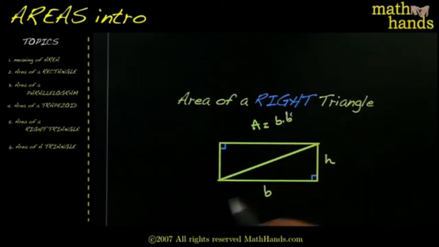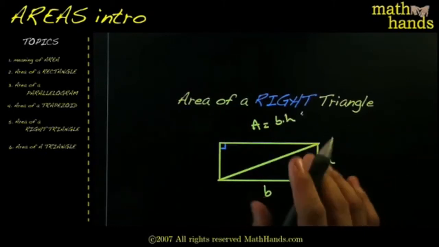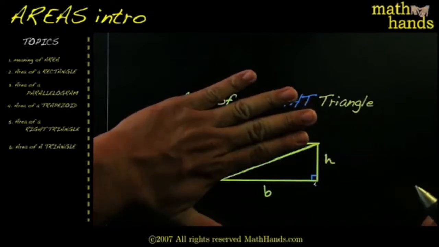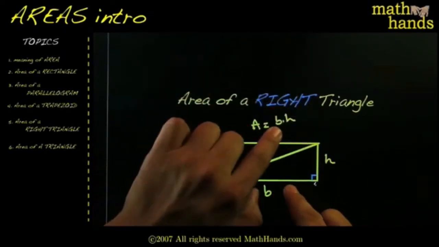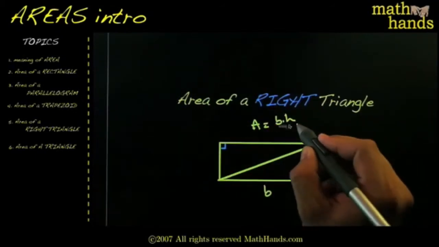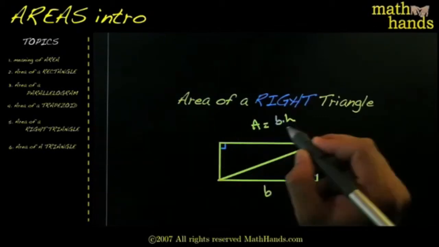So the area would be base times height for the rectangle, but of course a rectangle is made up of two of the original triangles. So if two of these make base times height, then one of them would have to be base times height divided by 2, of course.